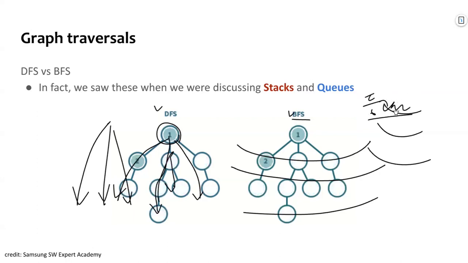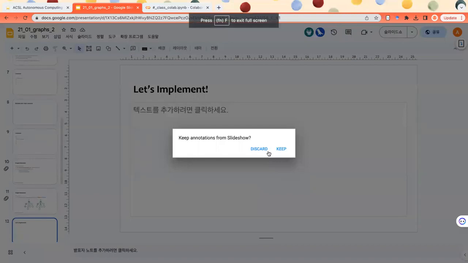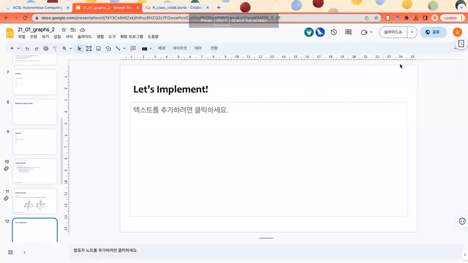I don't know how to call this in English, but anyway, these are how we perform DFS and BFS. Okay, let's implement DFS and BFS because we talked about these two concepts in stacks and queues. So I guess we can implement these two concepts right away.